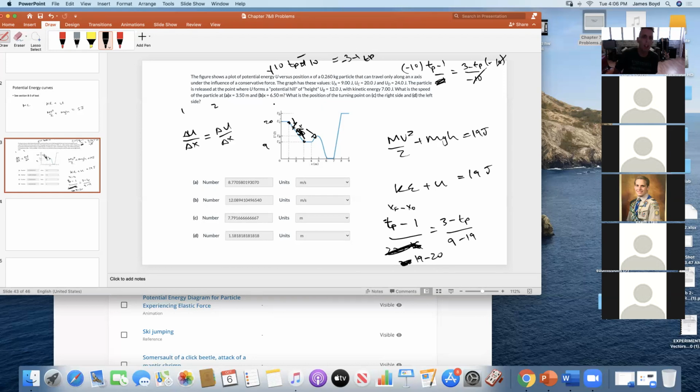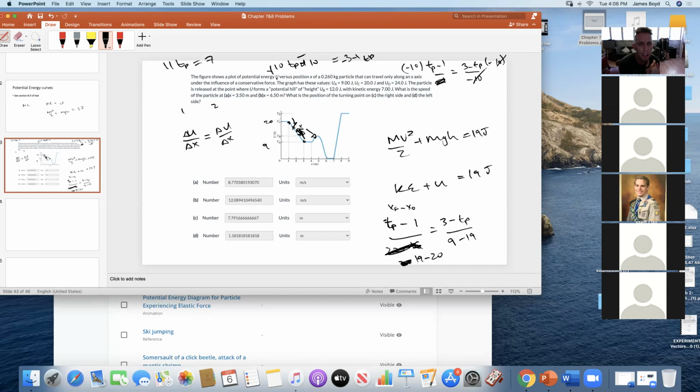Okay. Combining like terms, I get 11 TP is equal to 7. And I know you probably can't follow my math, that's all right. So TP is 7 divided by 11, should be 0.636, which means I did that wrong.